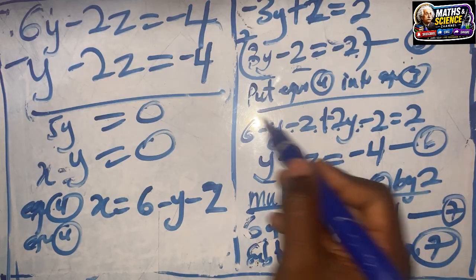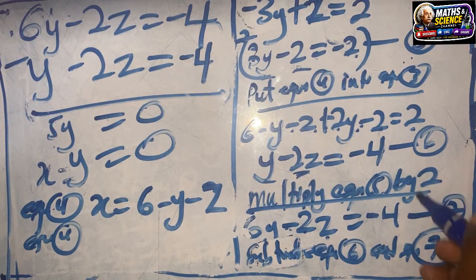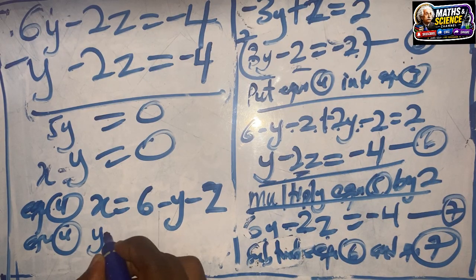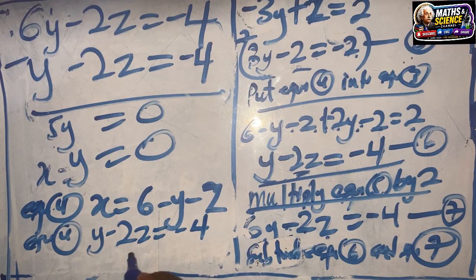Let's say that is a very simple one, that is equation 6. Equation 6 is minus y minus 2z equals to minus 4. Then because I know the value of y, I can easily find z here.